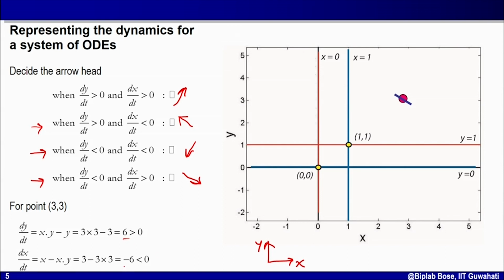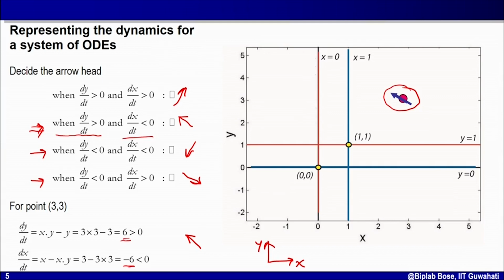So I get minus 6, which is less than 0. So the y derivative is positive, the x derivative is negative. That means my arrow will be in this direction, following this particular rule. When dy/dt is greater than 0 and dx/dt is less than 0, the arrow will be in the left upper corner direction. So let us put the arrow there. So I have got the arrow here.